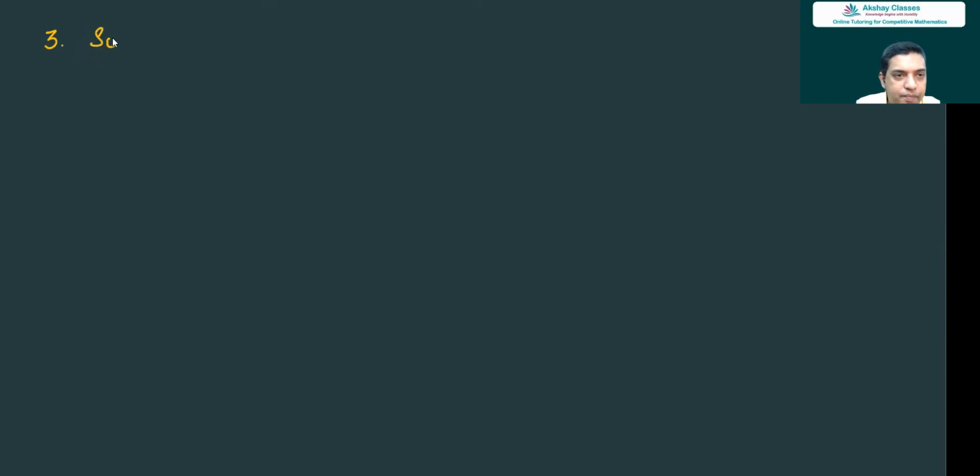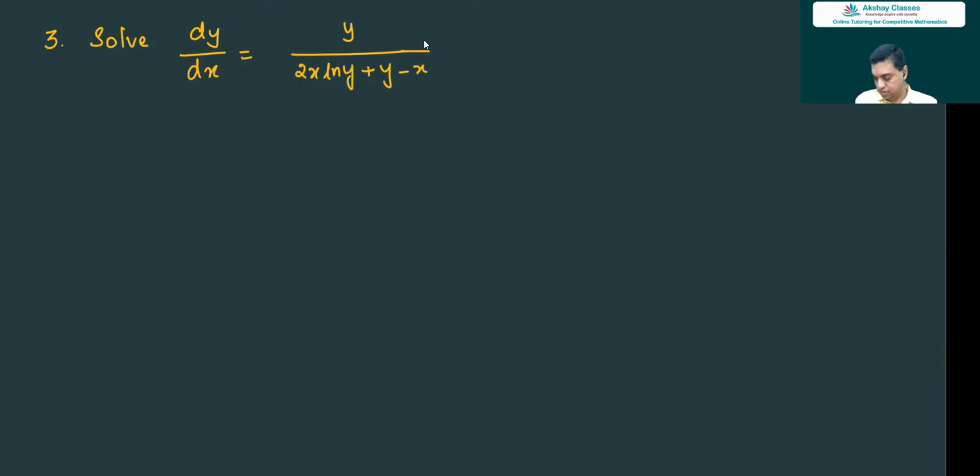Solve dy by dx is equal to y upon 2x log y plus y minus x. Now this is not in a polynomial form. It is in fraction form of y and x.